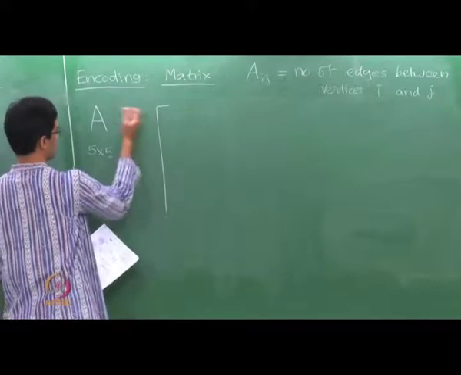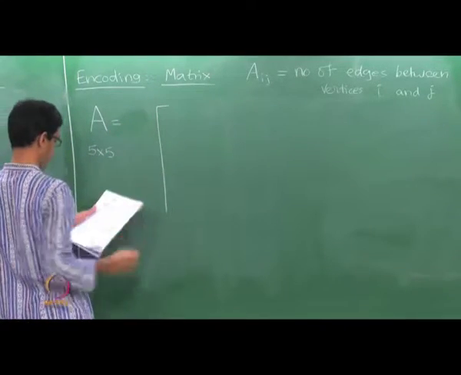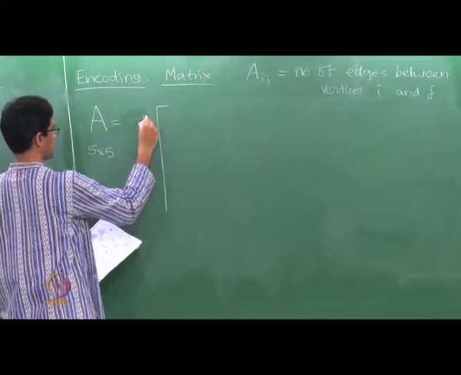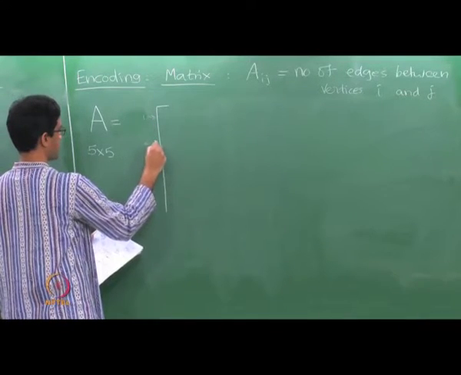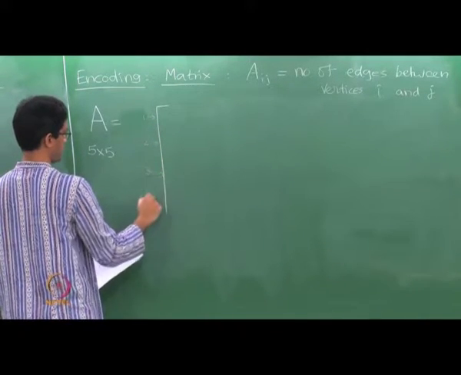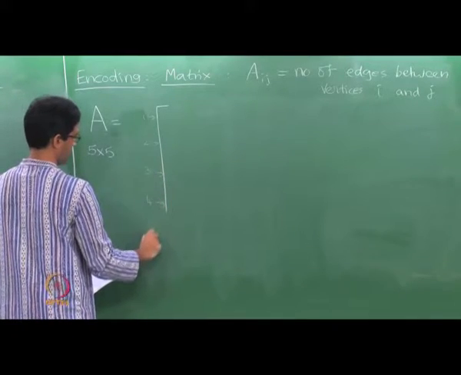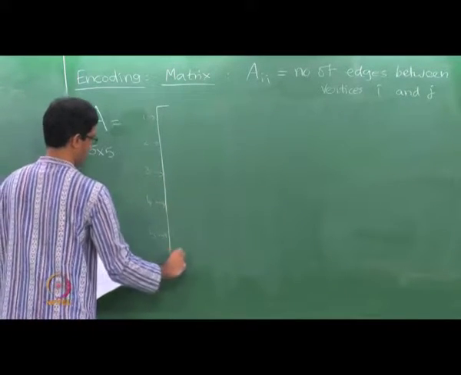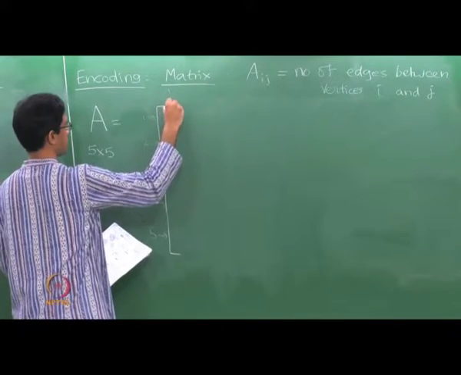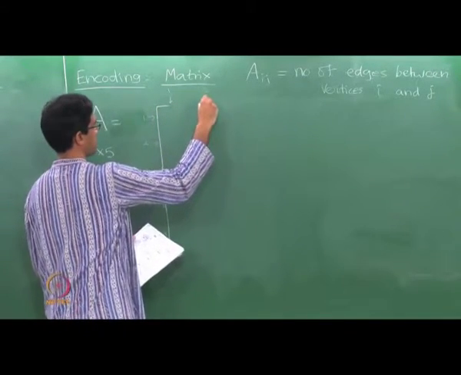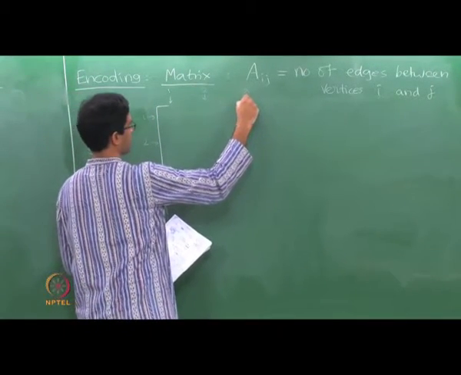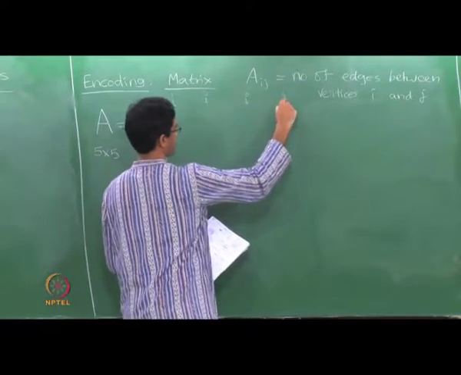So this is the first row, here's the second row, third row, fourth row, and fifth row. And I also have first column, second column, third column, fourth column, and fifth column.